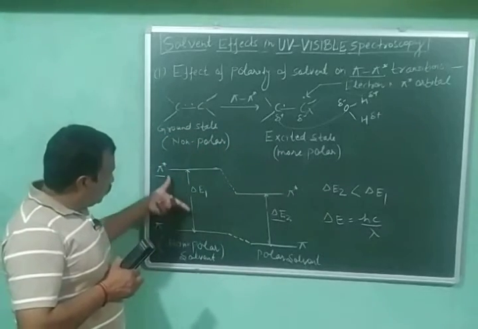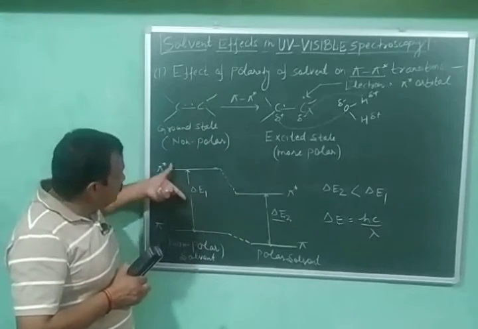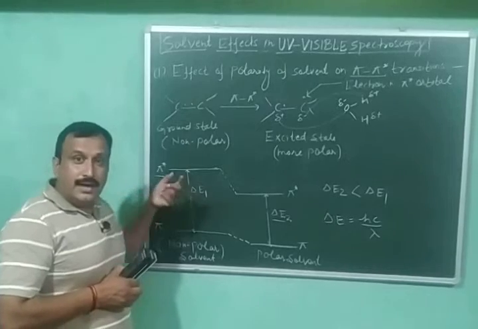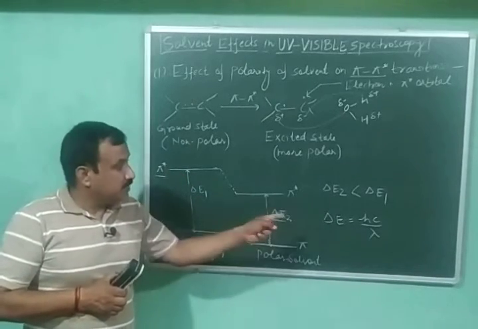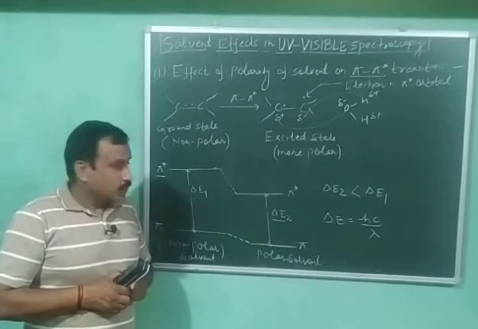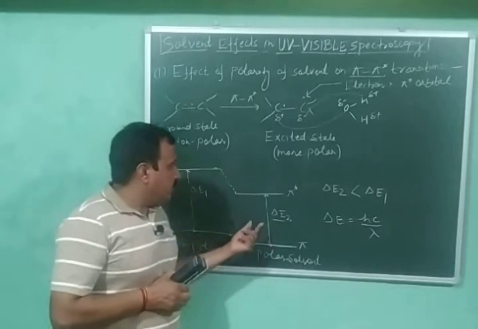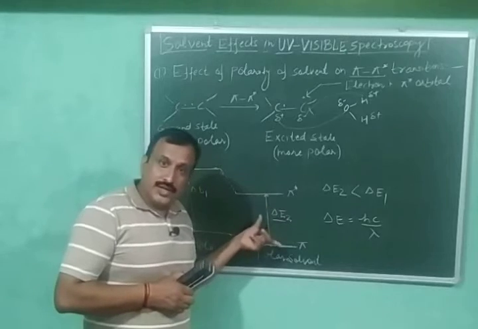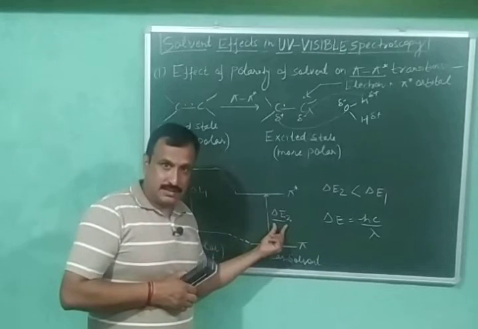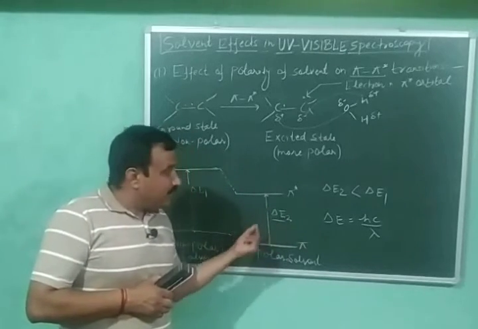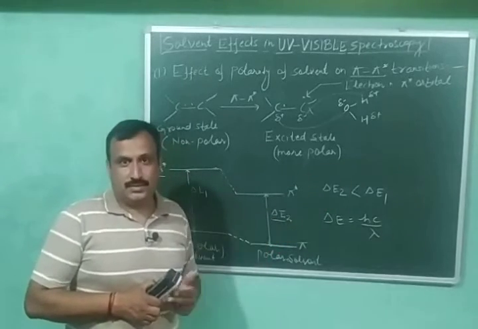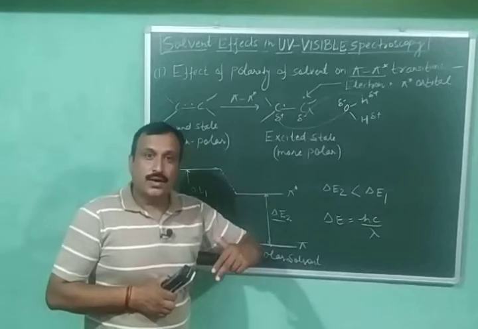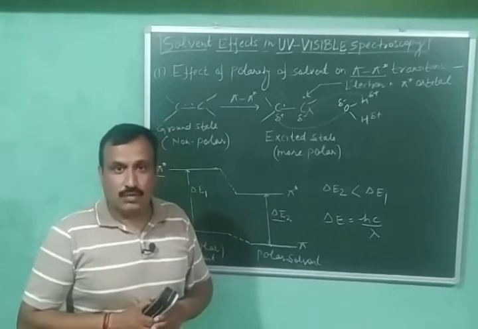So in a non-polar solvent, more energy will be required and the lambda maximum will be less, because energy is inversely proportional to wavelength. In case of a polar solvent, the energy required for the excitation will be less, so the wavelength absorbed will be a longer wavelength. Smaller the energy required, longer will be the wavelength absorbed.